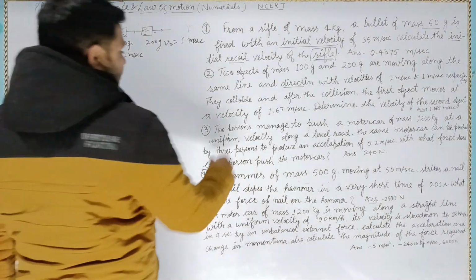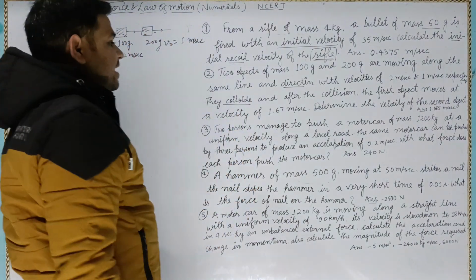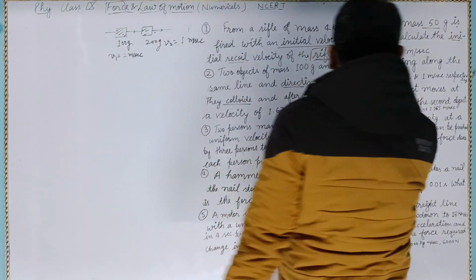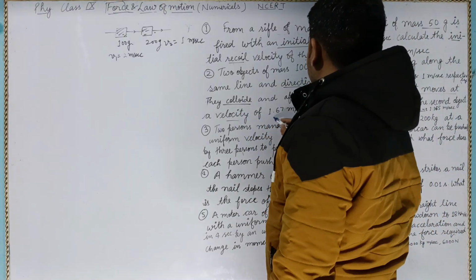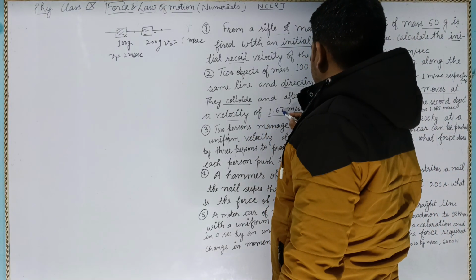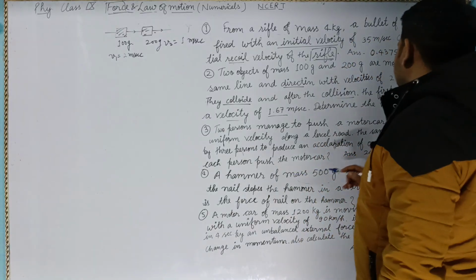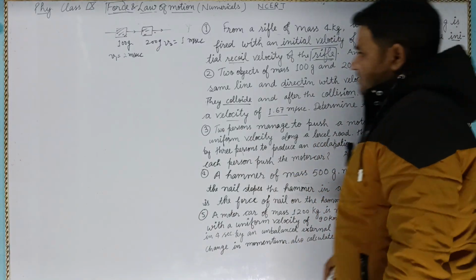They collide, and after the collision, the first object moves at a velocity of 1.67 meters per second. Determine the velocity of the second object.